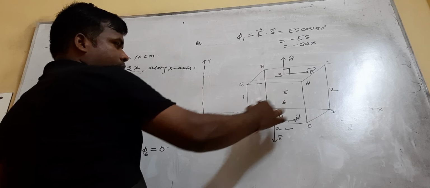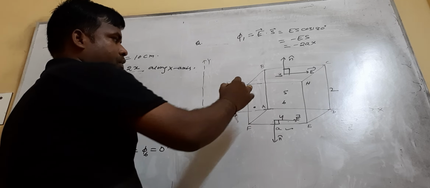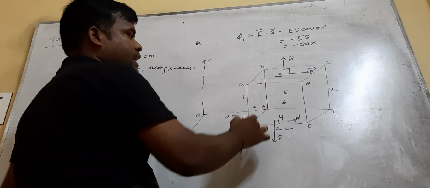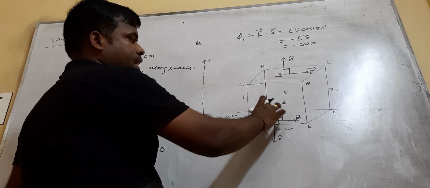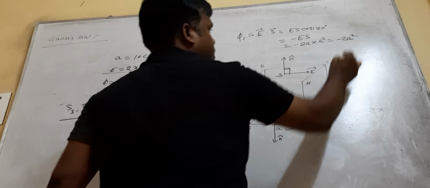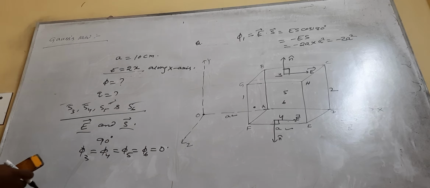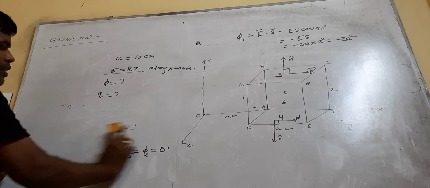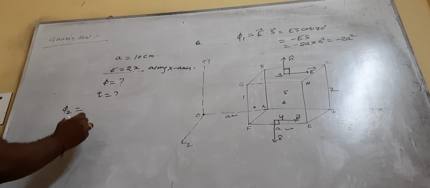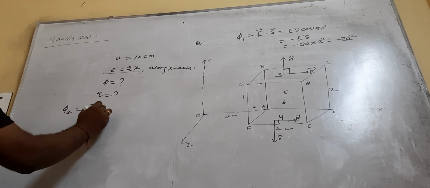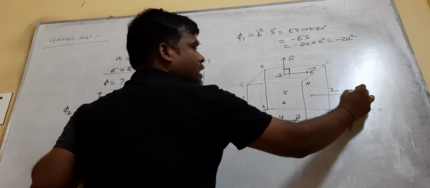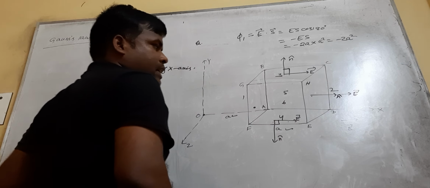And what is this area? For a cube, each face is a square, as each side is a, then face area is a square. That is minus 2a square into a, that is minus 2a cube. Similarly, for second face, phi 2, that is E vector dot S vector. For this face, electric field is towards right, and area vector is also towards right.